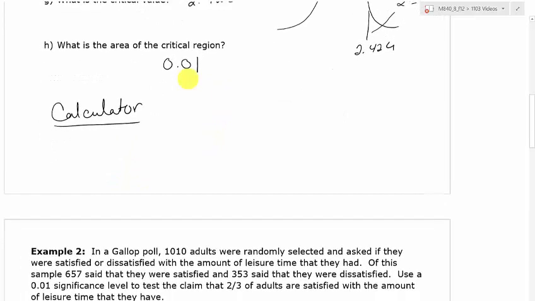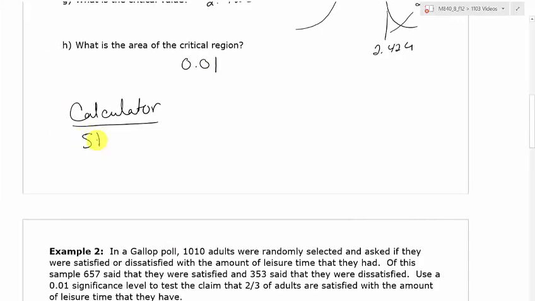So if you want to perform this test on your calculator, you're going to want to push the Stat key. And then arrow over so that you have tests highlighted.